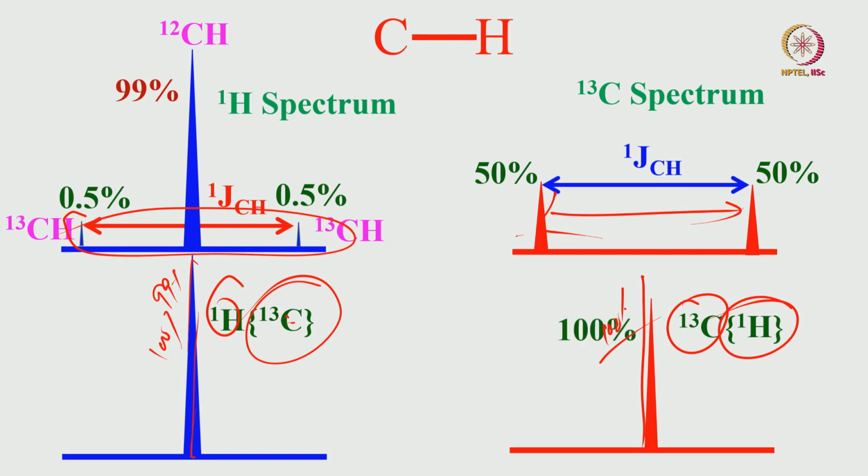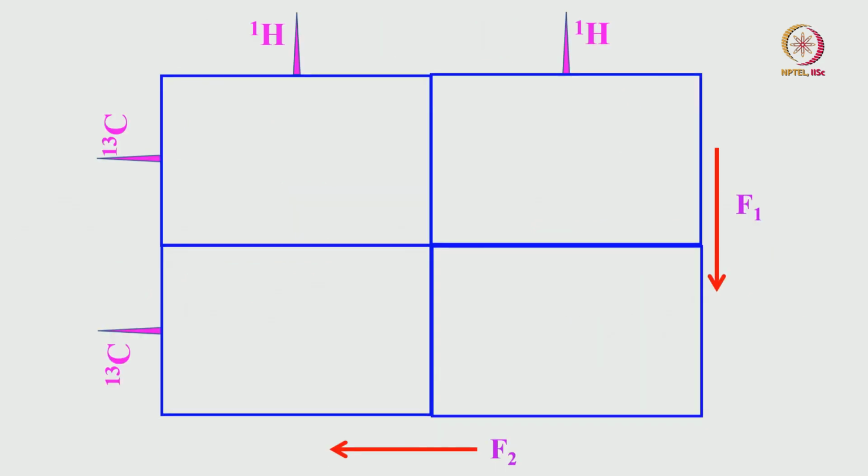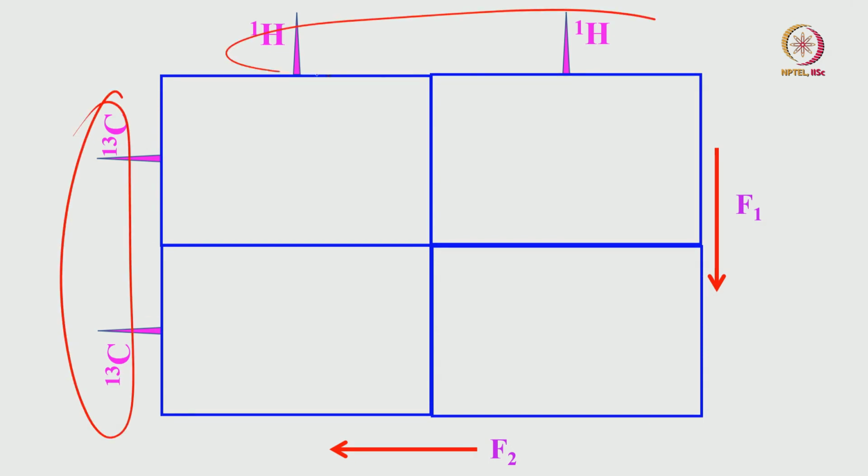Now let us use this and see how many types of HSQC experiment we can do. Look at this. In this dimension we have carbon-13, and in this dimension we have protons. I will consider a coupled experiment, where I am not decoupling in either dimension.